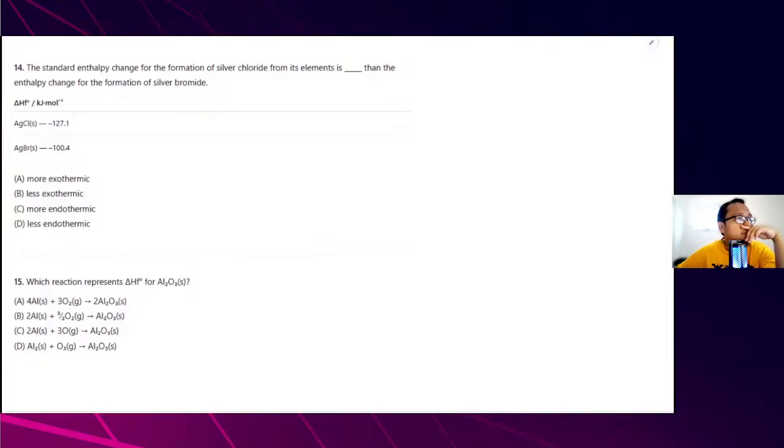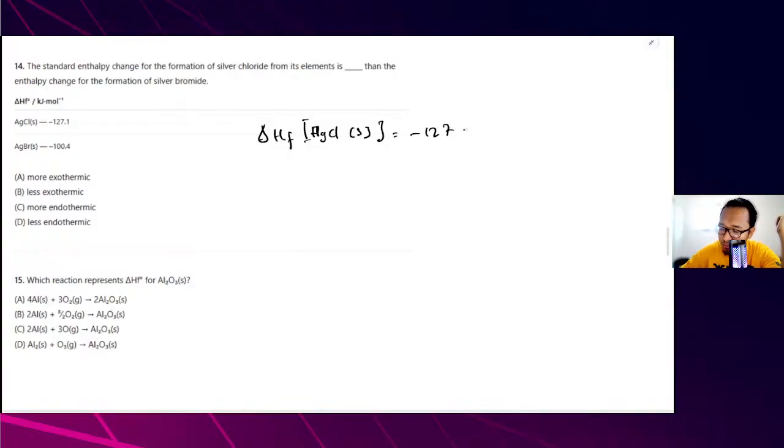So we need to analyze this one by one. Given the standard enthalpy of formation values, delta HF for AgCl, which is solid, is minus 121, and delta HF for AgBr, also solid, is minus 100.4.